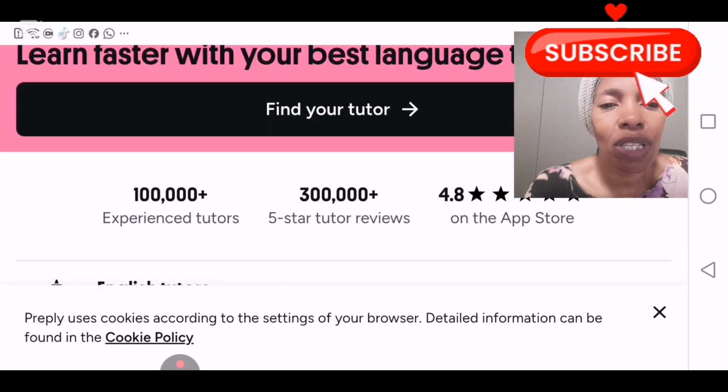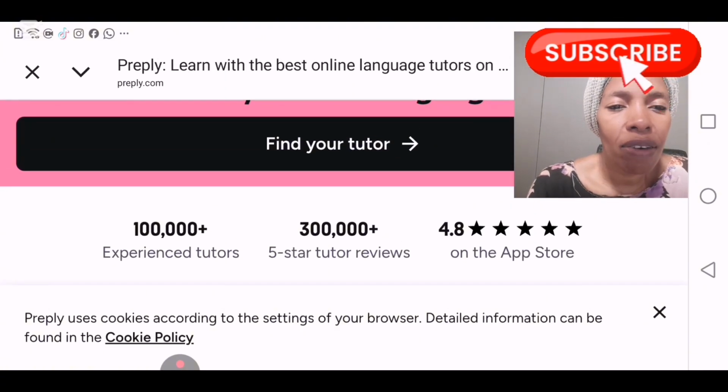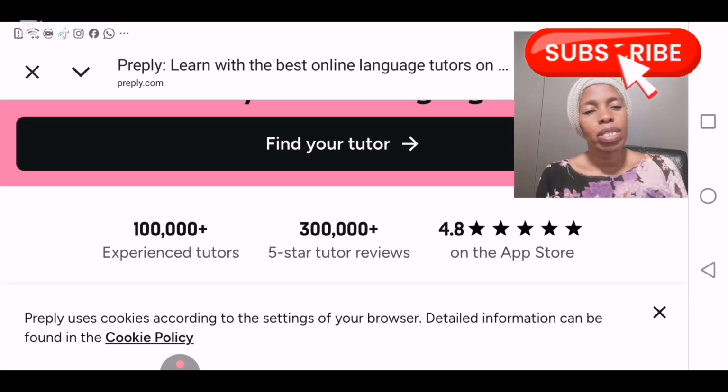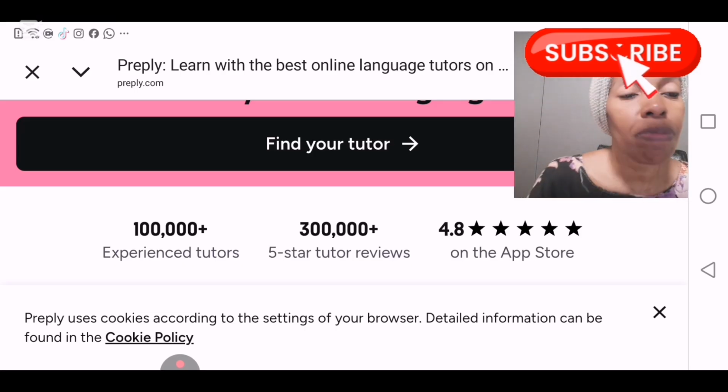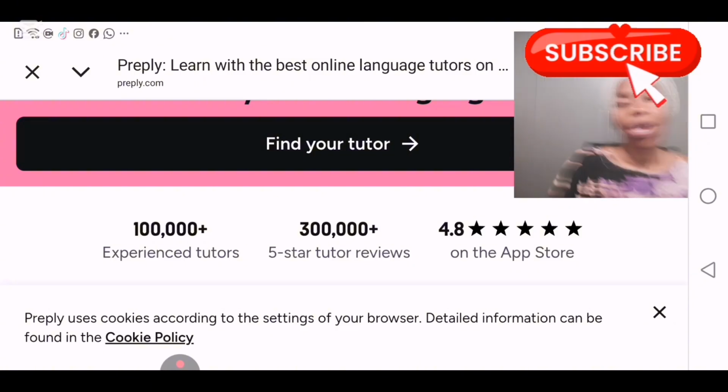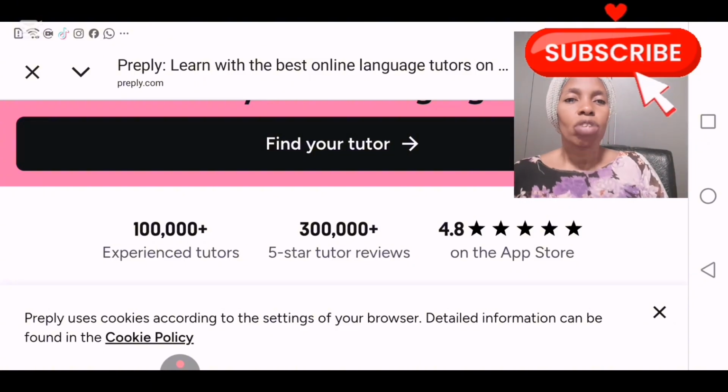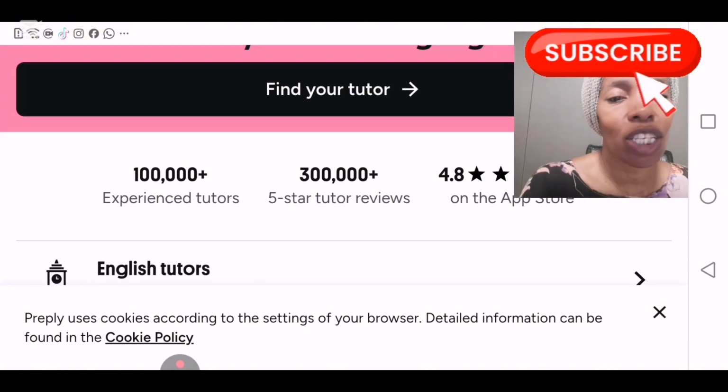They're smiling. They have over 100,000 tutors and over 300,000 five-star tutor reviews. And overall, the platform has been given a 4.8 star rating, meaning it is a very good platform where they teach students to learn English. And yes, it's a legit platform.